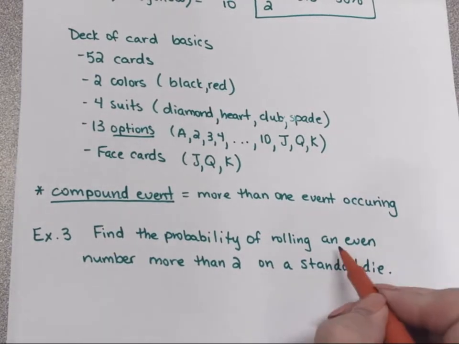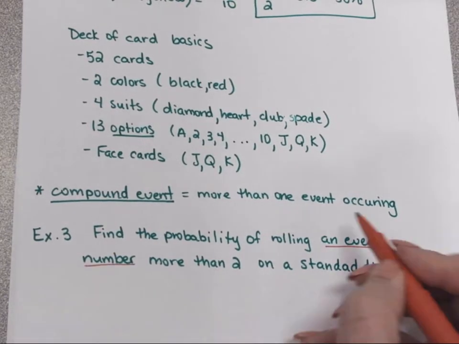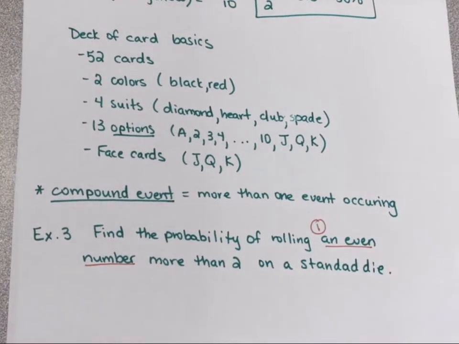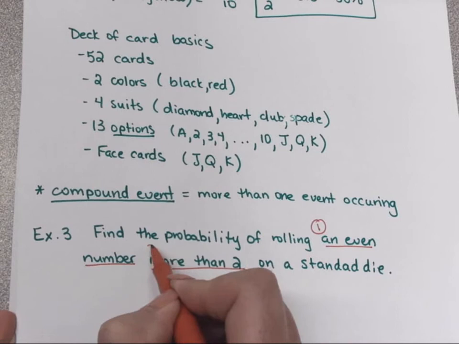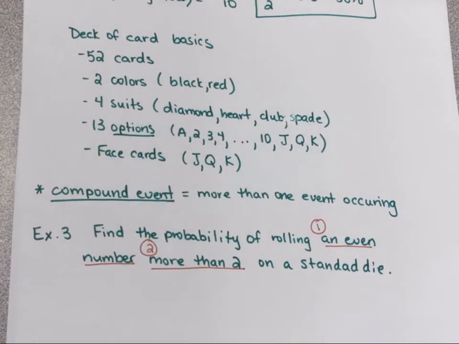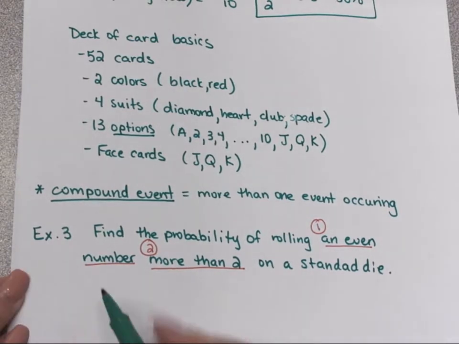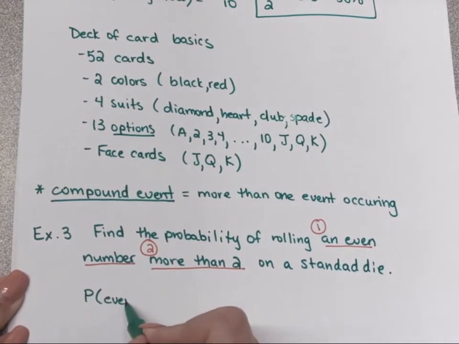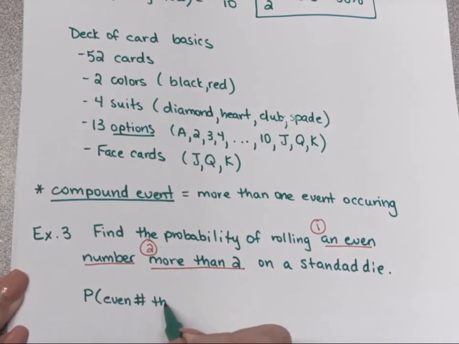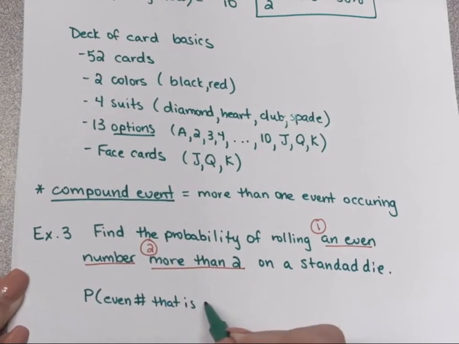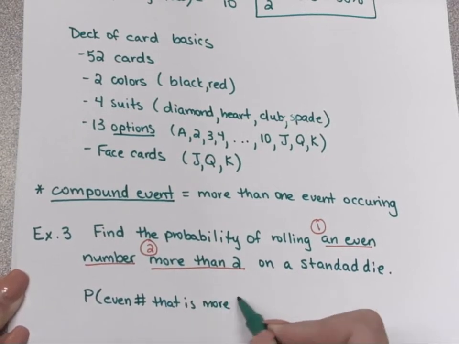Okay, so notice that I'm asking you about rolling an even number. That's the first requirement, right? But then I also want that number to be more than 2. So there's not really more than one event as much as there is more than one requirement, right? So the probability, let's go ahead and write the right notation. The probability of an even number that is more than 2.